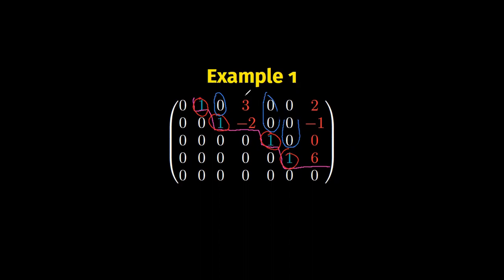And finally, under the stair step, all the elements are equal to 0 as well, while all the other elements are arbitrary. Here we have the red elements 3, minus 2, 2, minus 1, 0, and 6. They can be any number.